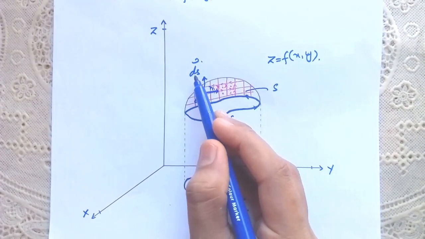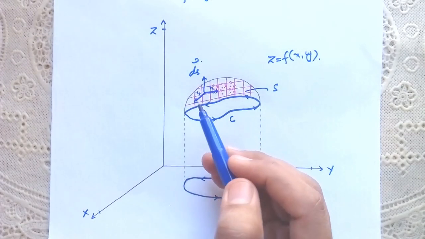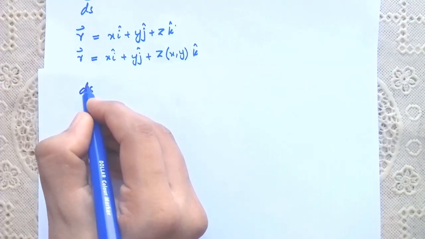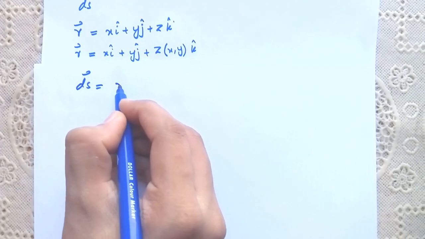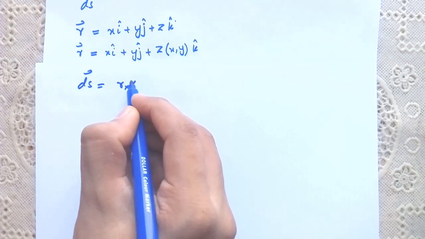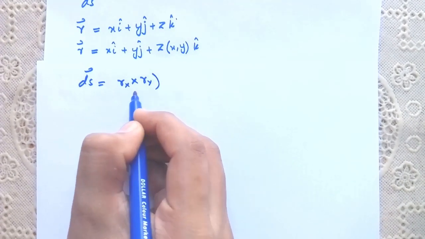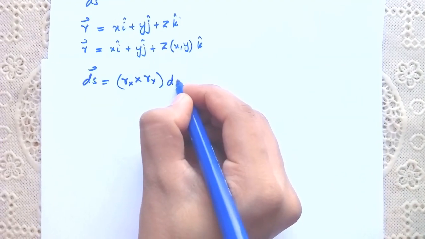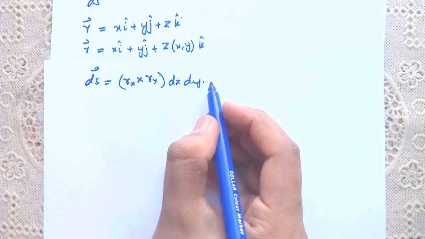It means that vector ds can be defined in terms of position vector r as ds is equal to cross product of rx and ry times dx dy, right?